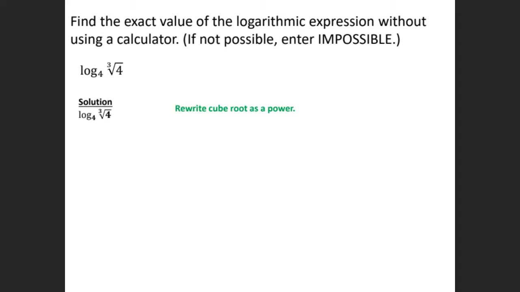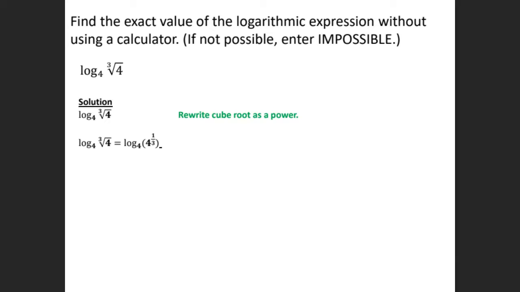All right, how about this one? Find the exact value of the logarithmic expression without using a calculator. Easy stuff, okay? One way to do it is, first, let's convert the input into an exponential value. We have a cube root. I can write that cube root as 4 to the 1/3.